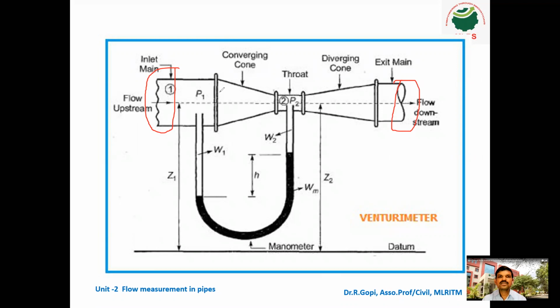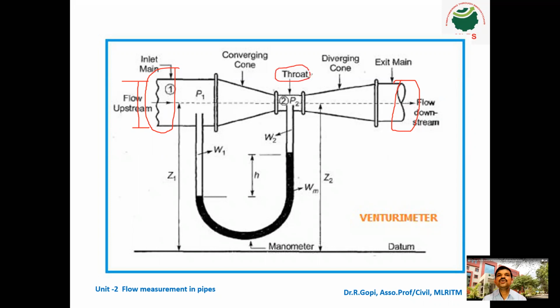At one end, the convergent cone's diameter is the same as the pipe diameter, and it keeps on reducing. After some time the diameter is reduced to nearly half of the inlet pipe. So if this is 10 centimeter, this diameter is 5 centimeter. After that, some length further, the throat.